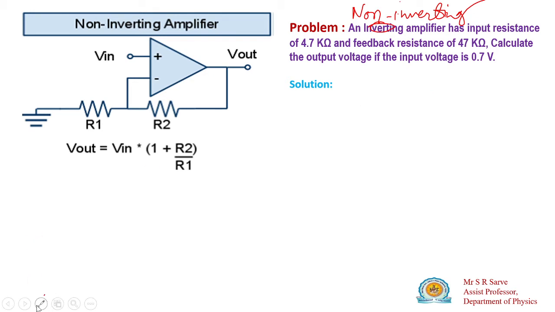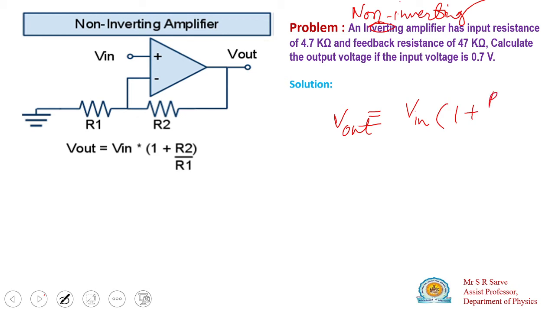So how are you going to solve this problem? First, write down the equation. The output voltage equals the input voltage into 1 plus the feedback resistance R2 divided by the input resistance R1, with no negative sign. What are the given quantities?